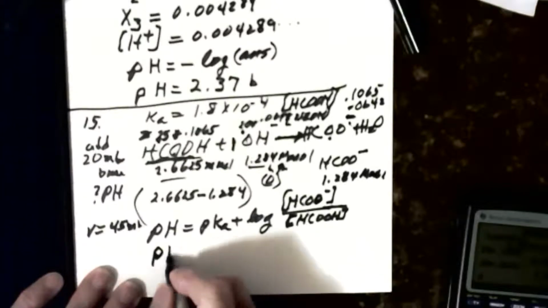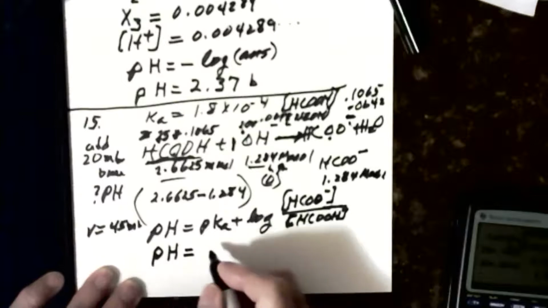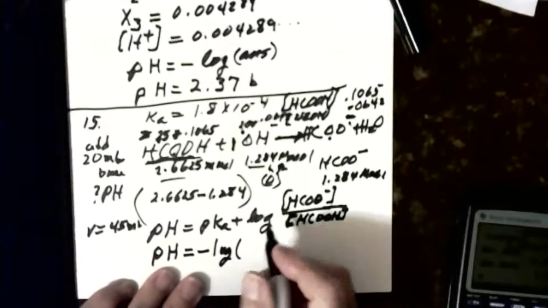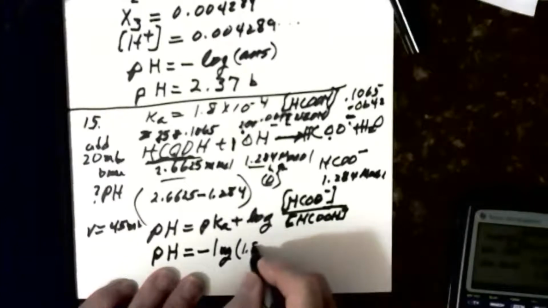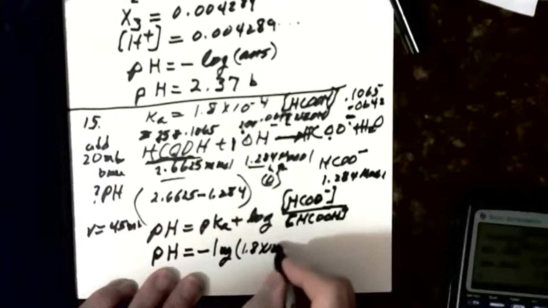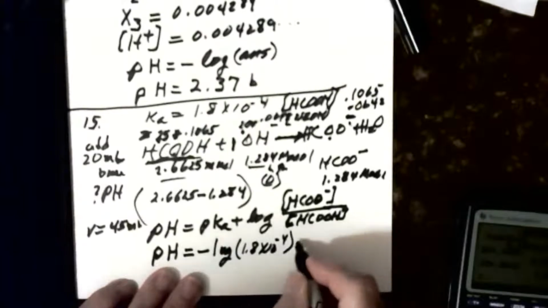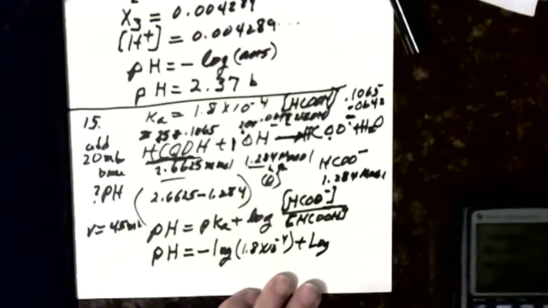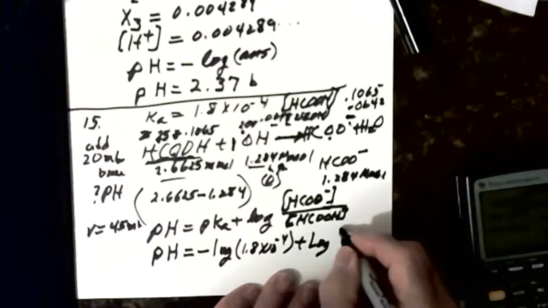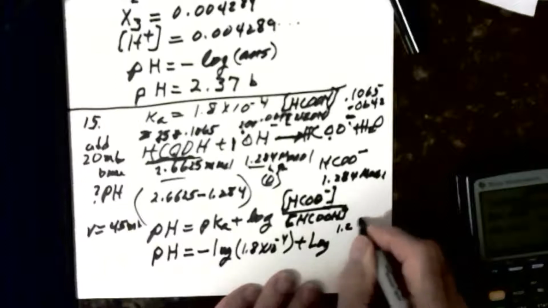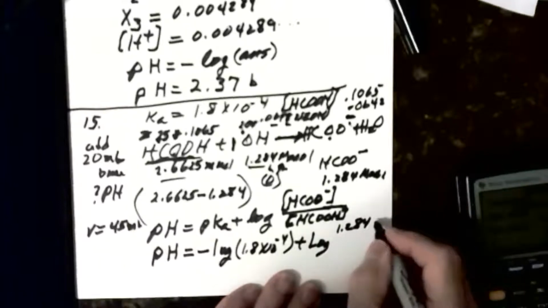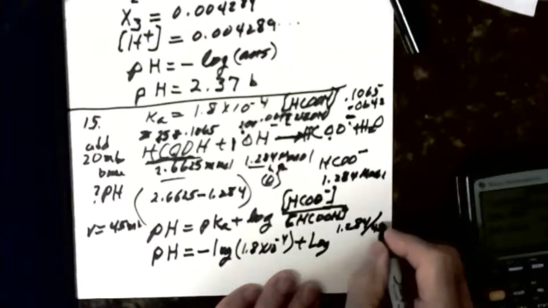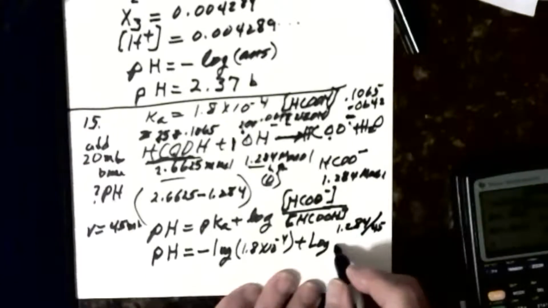So pH is equal to minus the log of the Ka, 1.8 times 10 to the negative 4, plus the log, and now the formate ion concentration is 1.284, in a volume of 45 milliliters. So that's going to be its concentration.